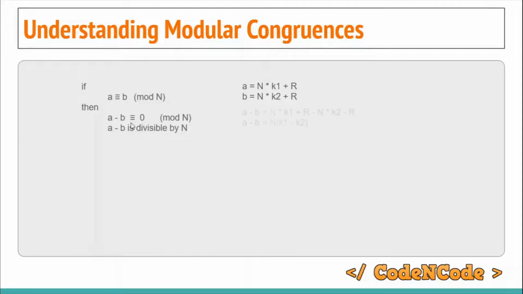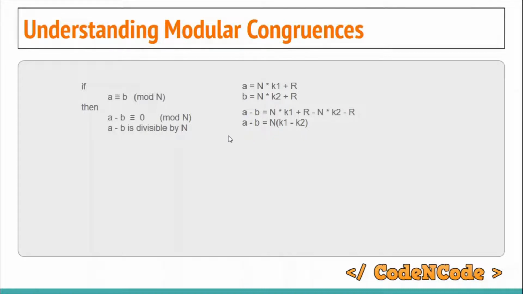Now if we apply the subtraction operator, a minus b would be nk1 plus r minus nk2 minus r, which would cancel r, and then we would be left with n times k1 minus k2. Now this equation proves that a minus b is divisible by n, because k1 and k2 are integers and their difference would also be an integer.